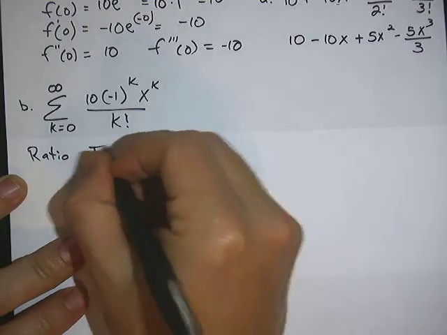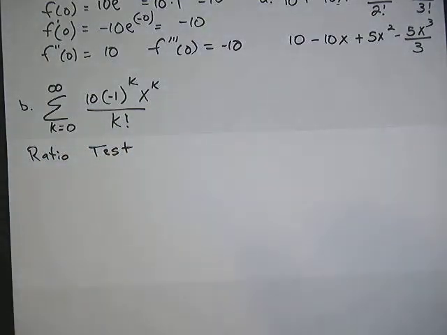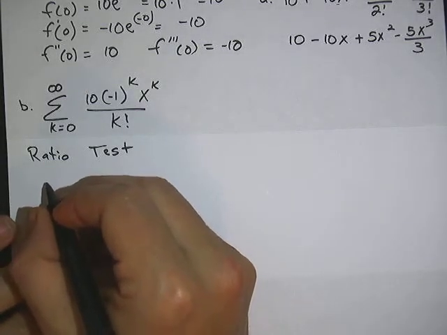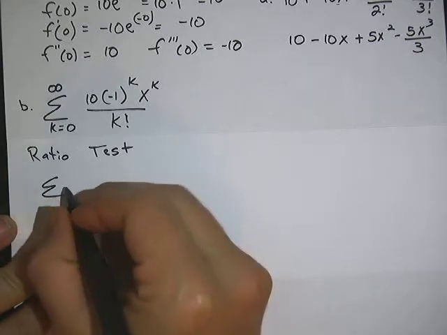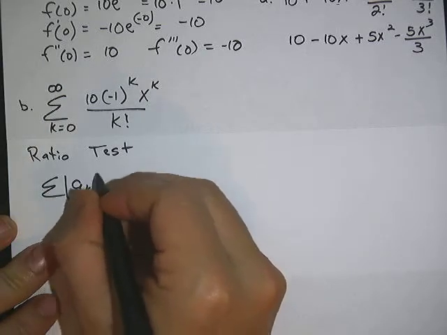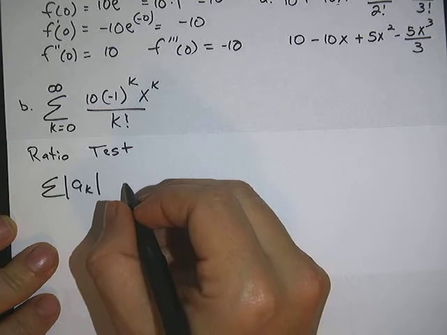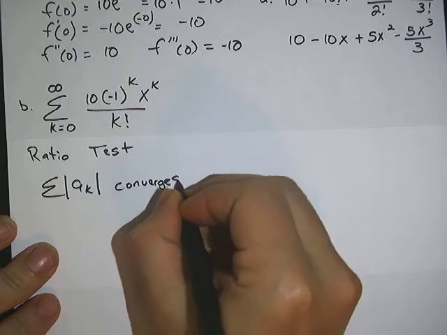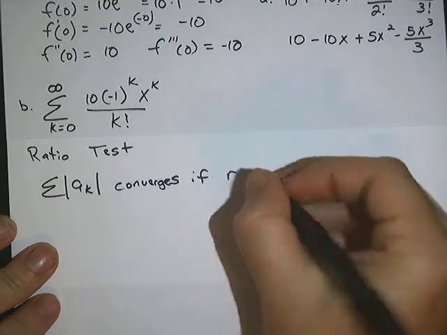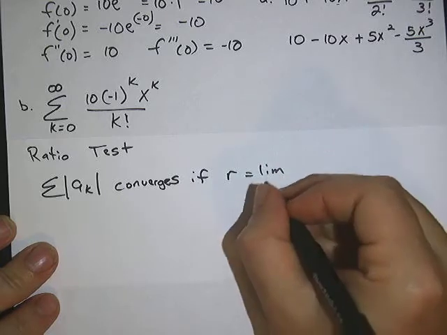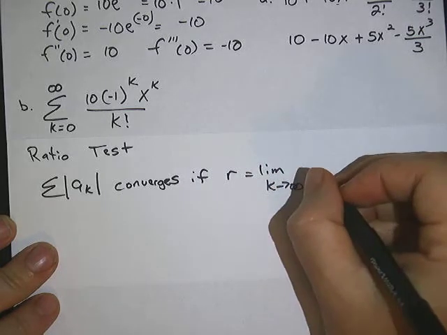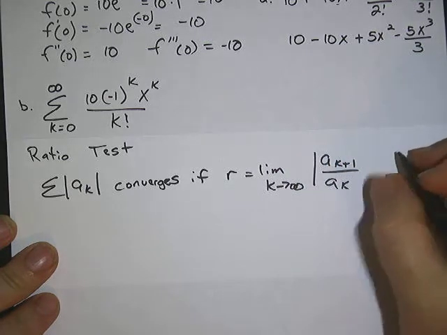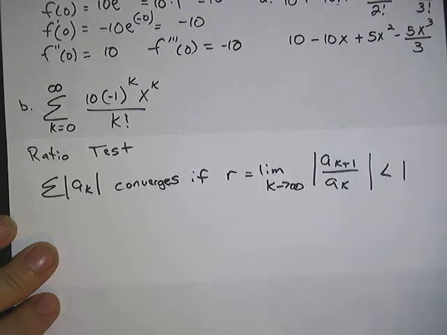The ratio test says that if you're looking for an interval of convergence, and you have the sum of the absolute value of a sub k, this converges if r is equal to the limit as k approaches infinity of a sub k plus 1 divided by a sub k, if it's less than 1.